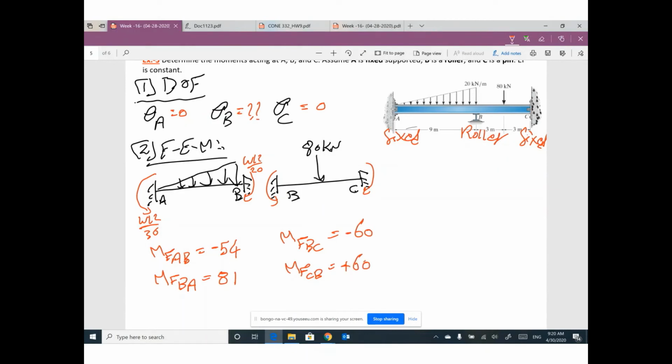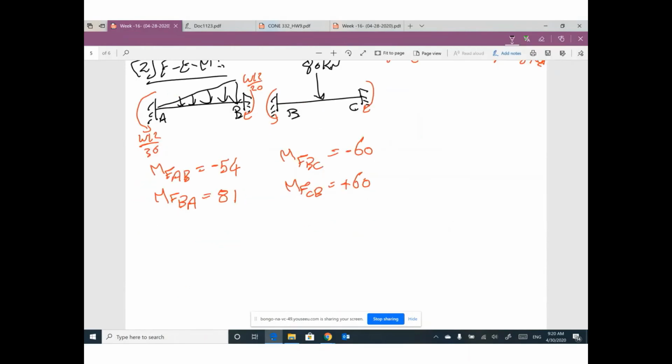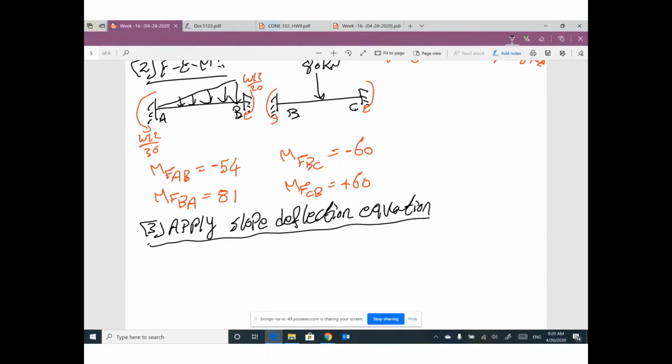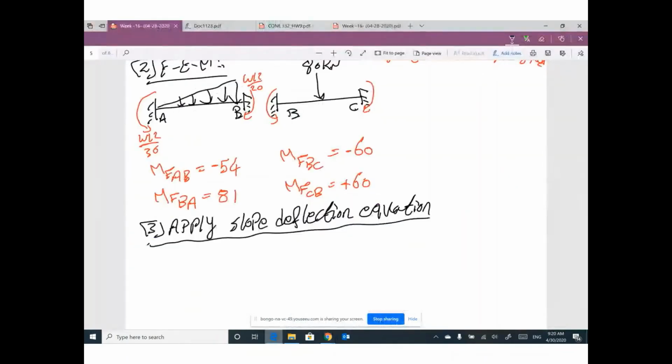Okay. Third step. Piece of cake. Third step. Apply slope deflection equation.